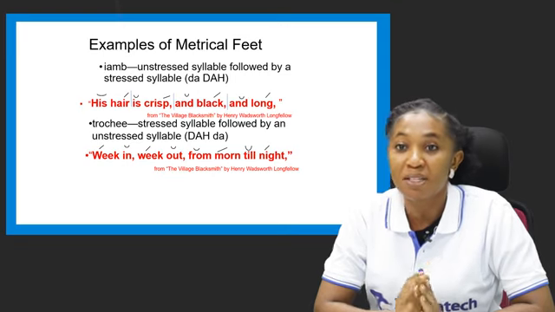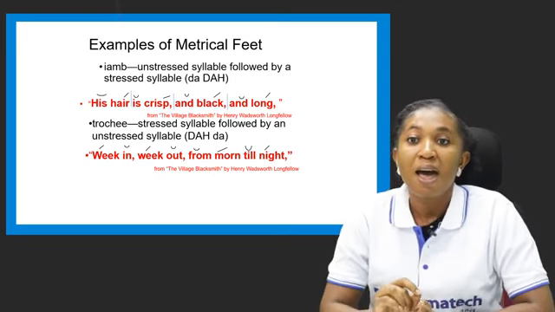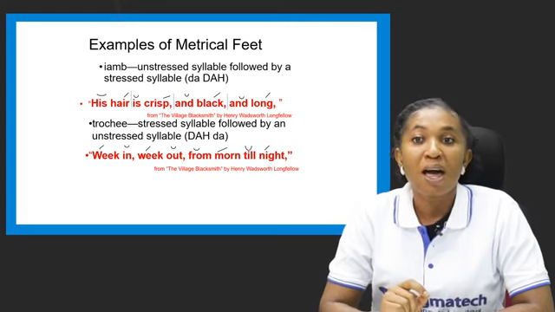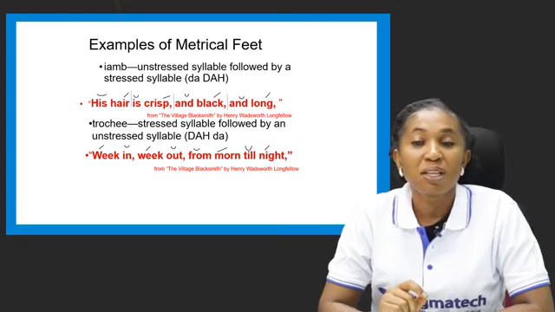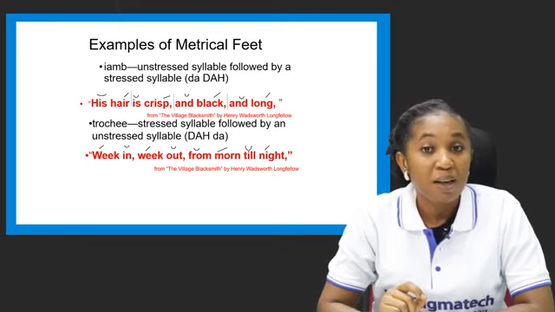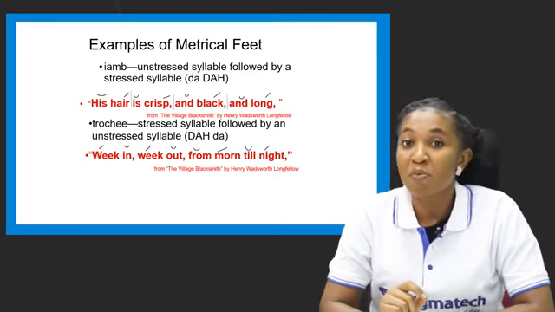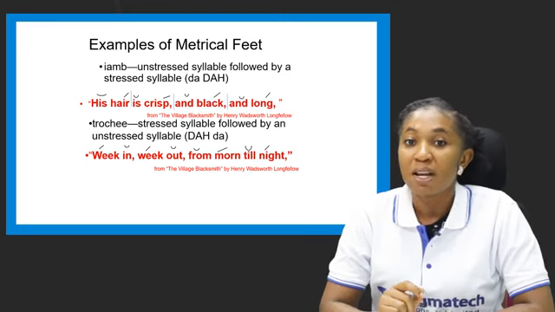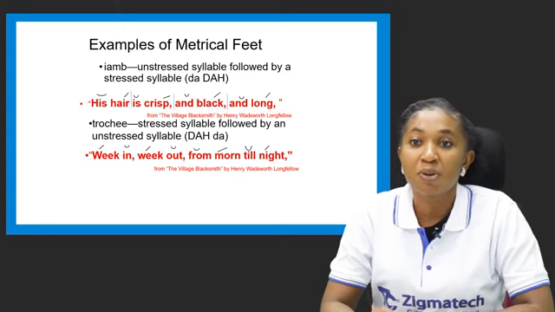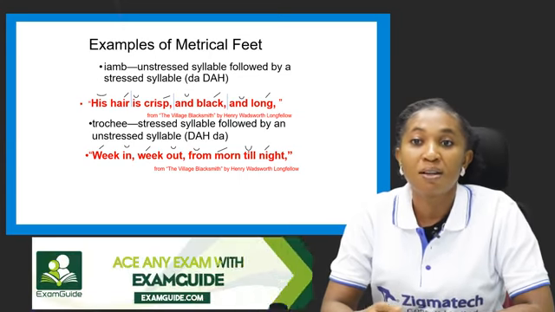We have 3 feet in this line of poetry, and each of them contains one unstressed syllable and one stressed syllable, giving us what we know as iamb. Remember, iamb is a type of metrical foot. Let's take it again. His hair is crisp and black and long.